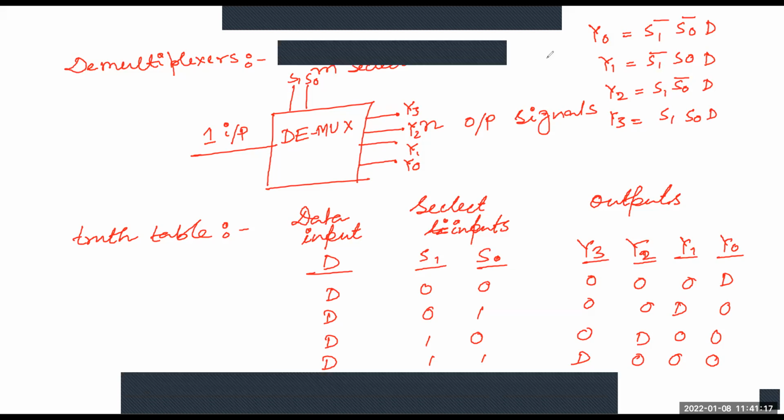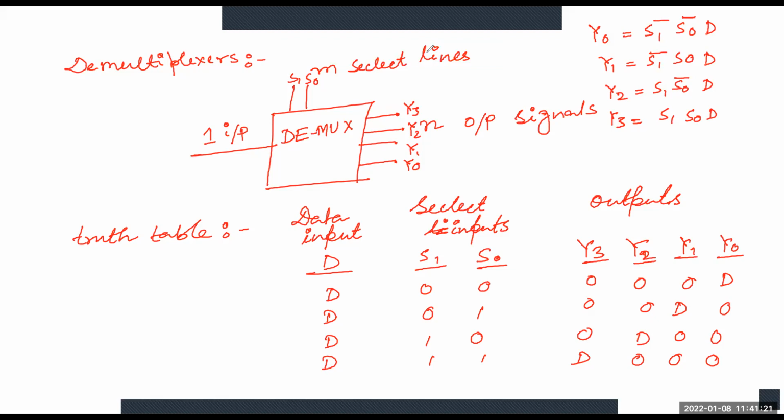So this output we are getting from the truth table. Now, using the above expression, we can easily implement the 1:4 DEMUX.